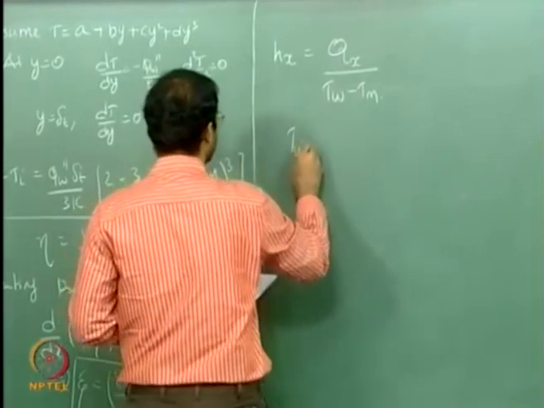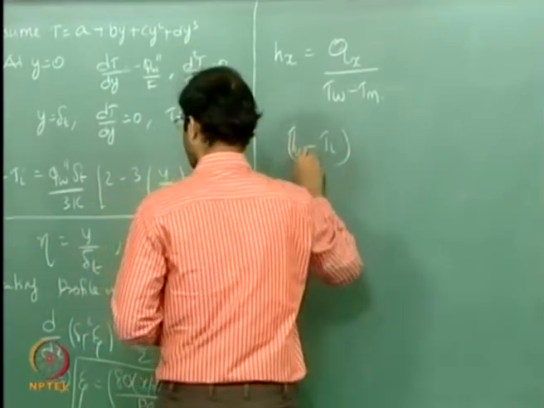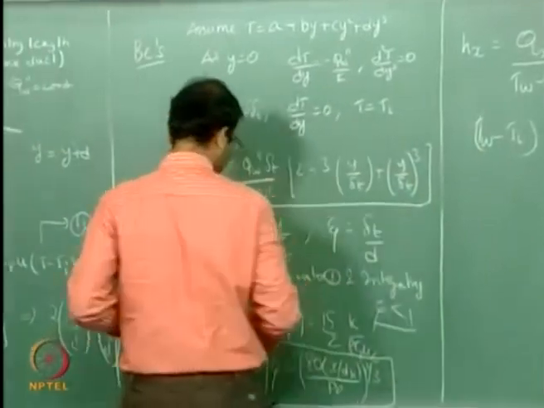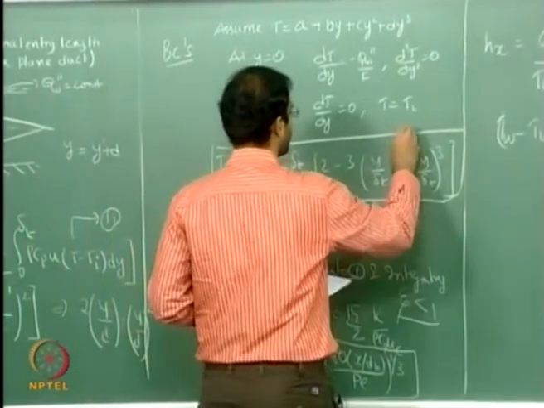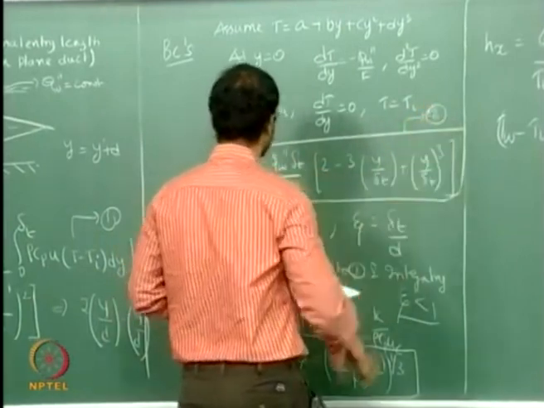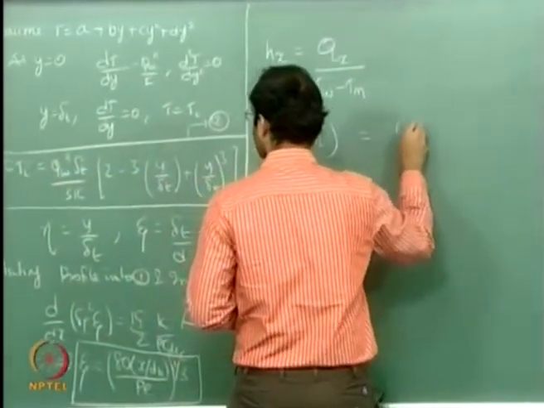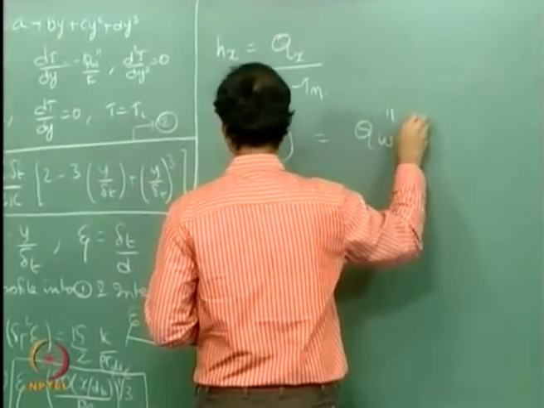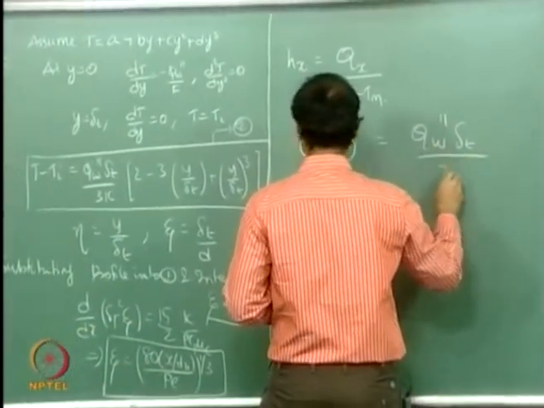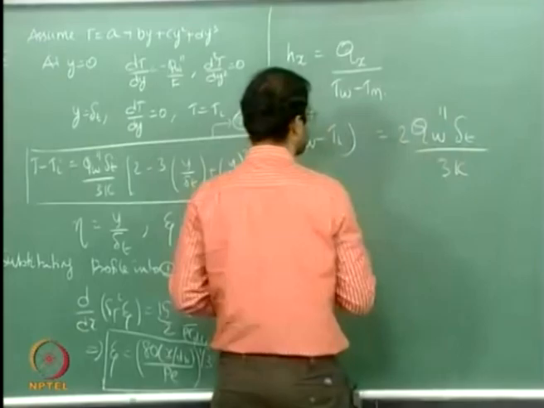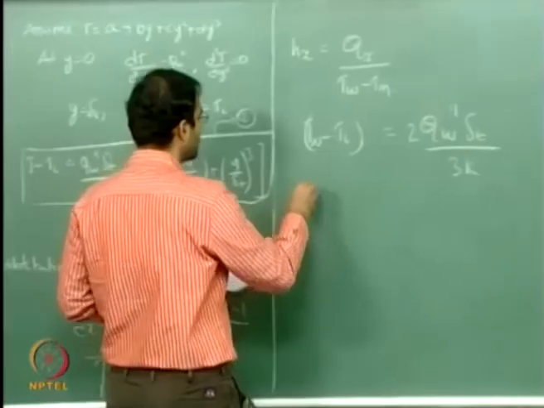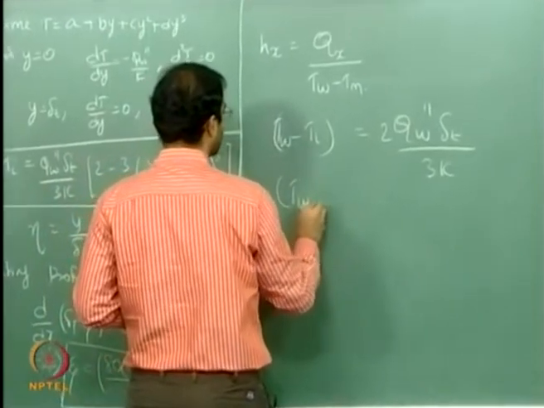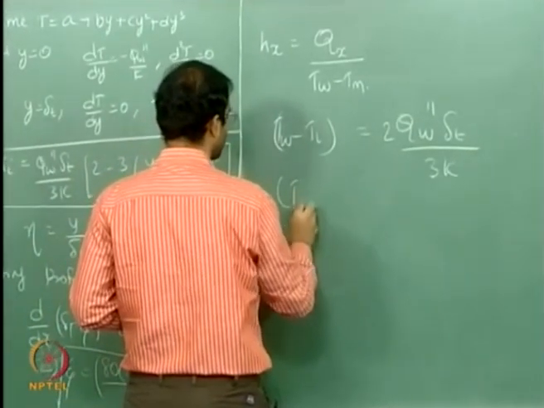We can get T wall minus T i from the profile that we have. This is our profile, let me call this equation number 2. T wall minus T i here is at y equal to 0. And we also need to know what is my T mean minus T i.